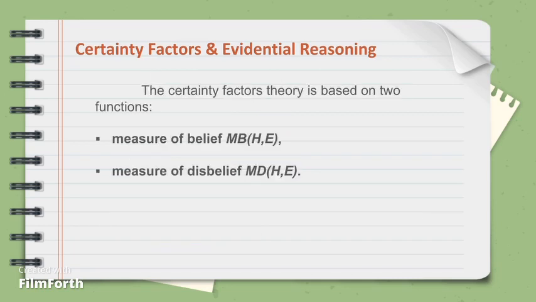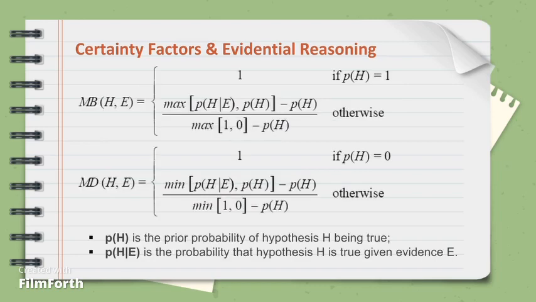Two functions that are the basis of certainty factors are the measure of belief and the measure of disbelief. These measures are identified by the experts. So the experts will see how much they believe this hypothesis is true given this evidence is true. The expert usually constructs these measures based on the probability of things happening.